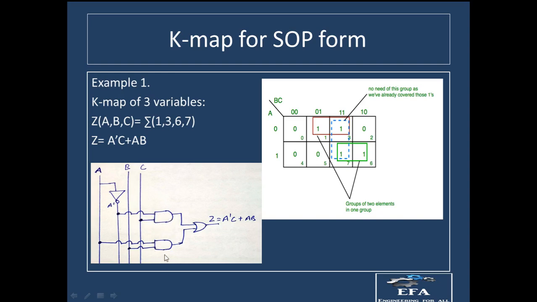This is second AND gate, right? So it will be having the input A and B. So we are taking A from here and B from here. So we will be having input as AB in this AND gate. Ultimately, at this position we will be having A bar C. At this position we will be having AB. And when these two outputs are passed through the OR gate, right? So we will be having the ultimate output, that is Z is equal to A complement C plus AB, right?